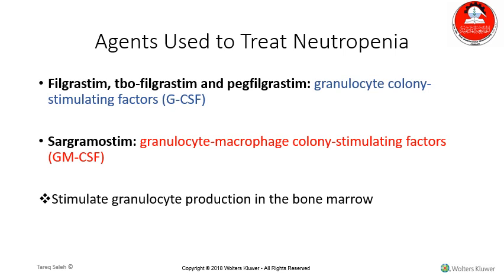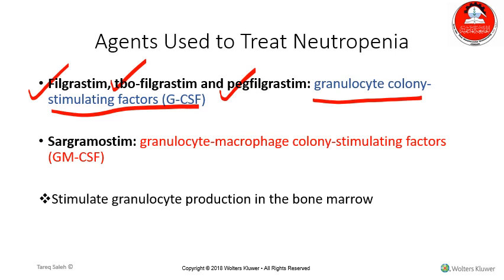For example, filgrastim, tbo-filgrastim, and pegfilgrastim. All these drugs are analogs of the granulocyte colony stimulating factor, GCSF. That is the growth factor associated with promoting the proliferation and differentiation of white blood cells.